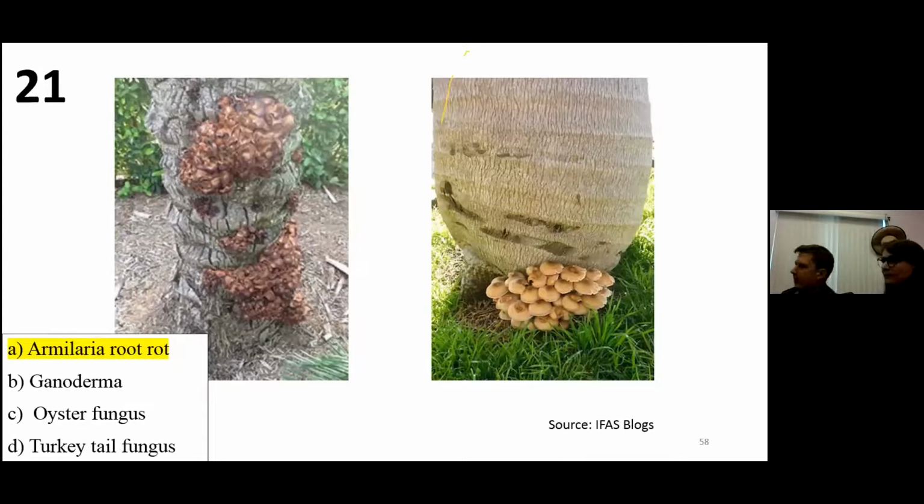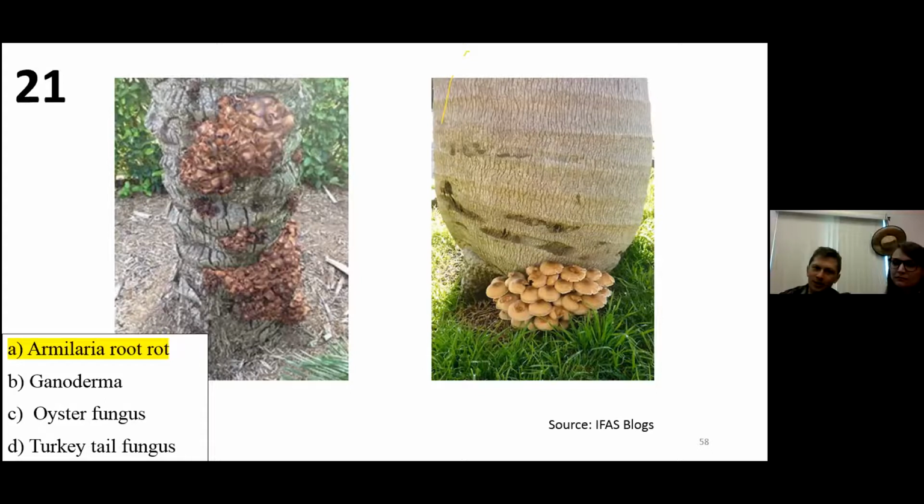So this one contrasts quite a bit from what you saw with Ganoderma. Armillaria, let's see here. Oyster fungus was the number one that was selected here. The reason why I think that oyster fungus was chosen more than Armillaria is because it doesn't show up very much in the environment.